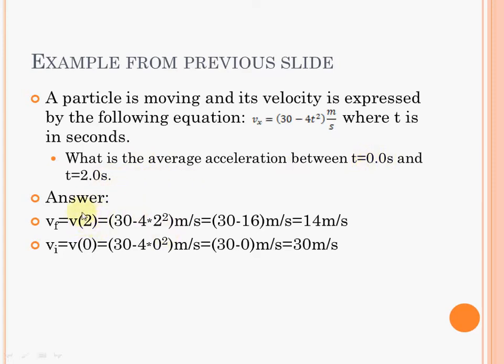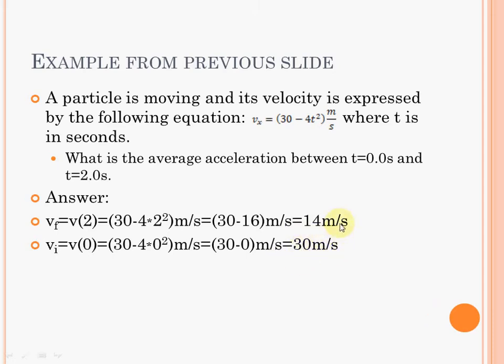So when we plug in 0, we get 30 minus 4 times 0 squared, which is just 30. I can already predict that our acceleration is negative, because our final velocity was a smaller value than our initial velocity. We had to slow down for that to be true.